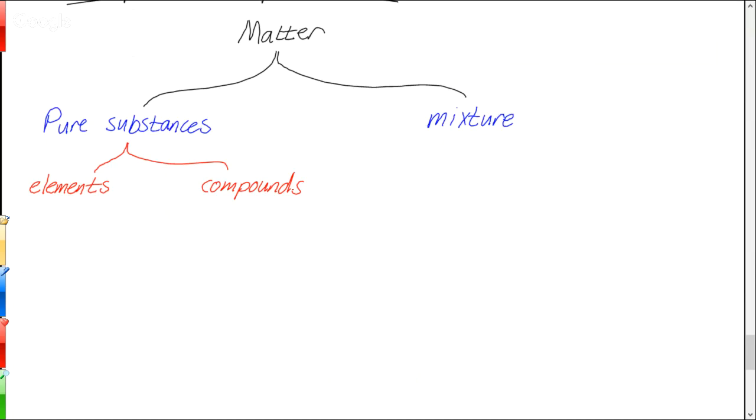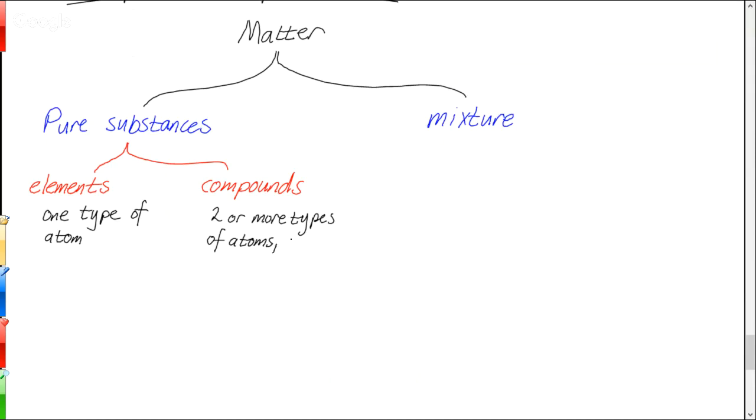So elements only consist of one type of atom, and compounds would be 2 or more types of atoms.